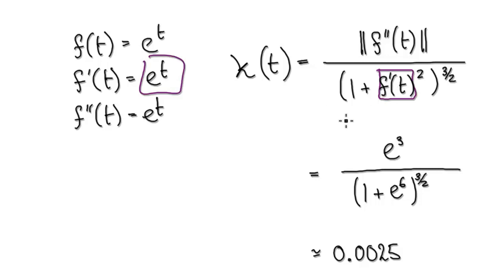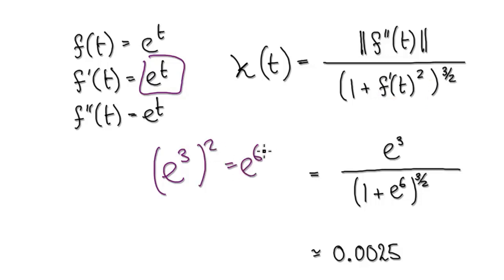This block here will be e to the power of 3, but then we've got to square it. When you square this, it will become e to the power of 6.